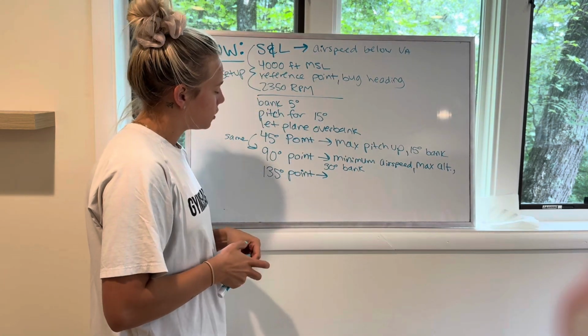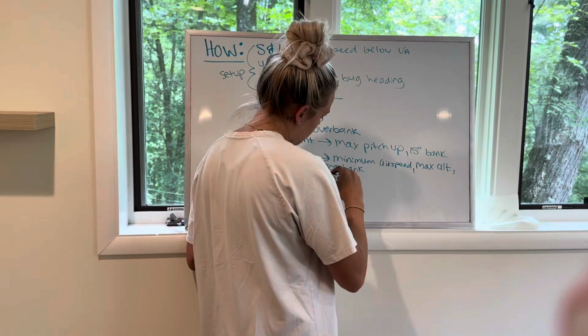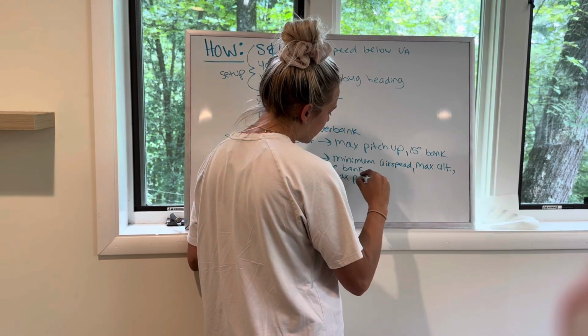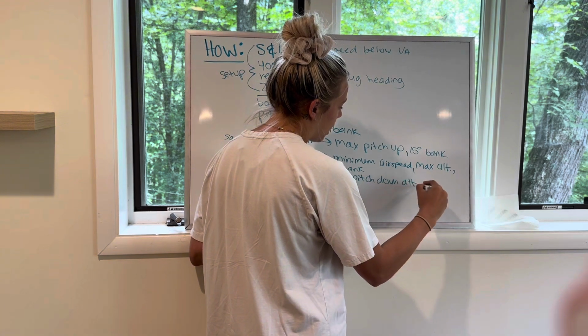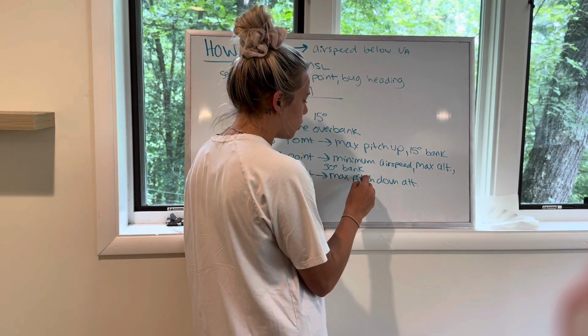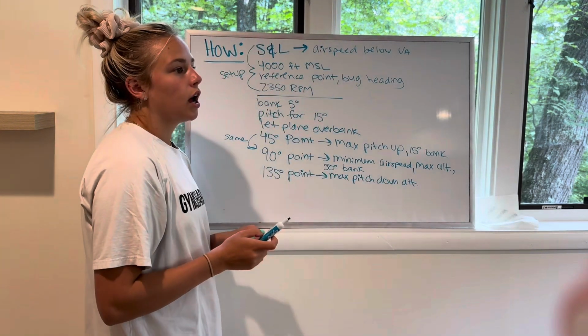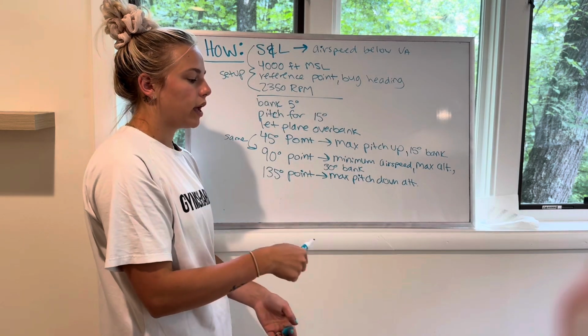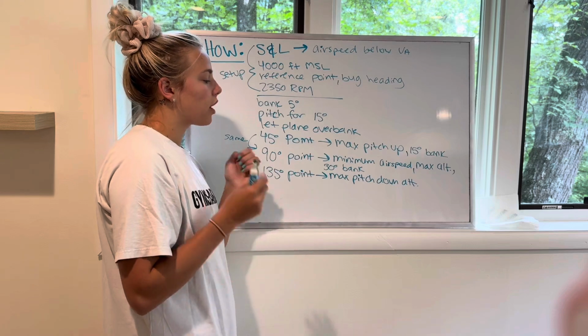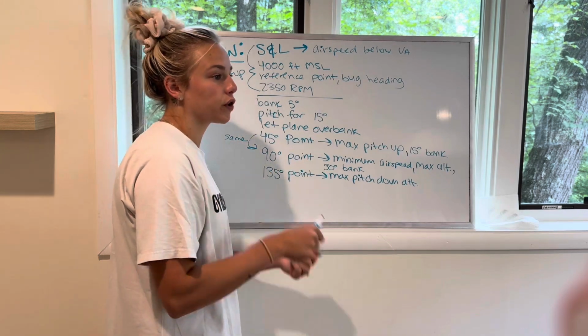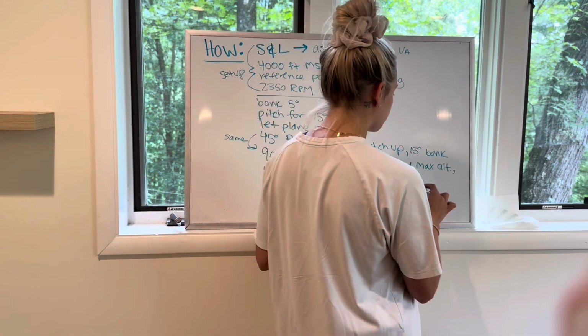So then we get to our 135 degree point, and we should be in a max pitch down attitude. So at this point in the turn, we should be pitching down, and past this point in the maneuver, our bank or our pitch should not go further than what it's at right now.